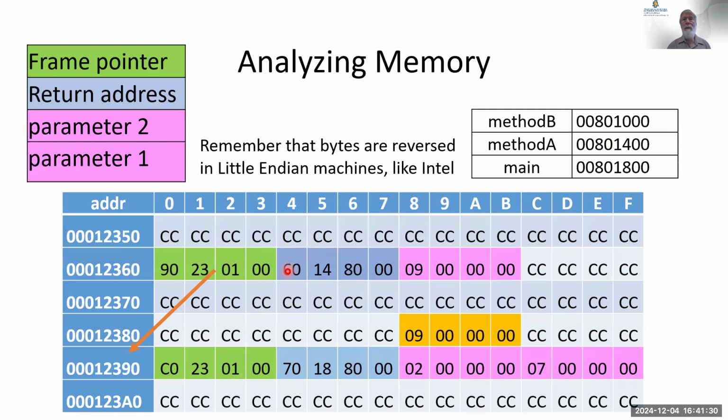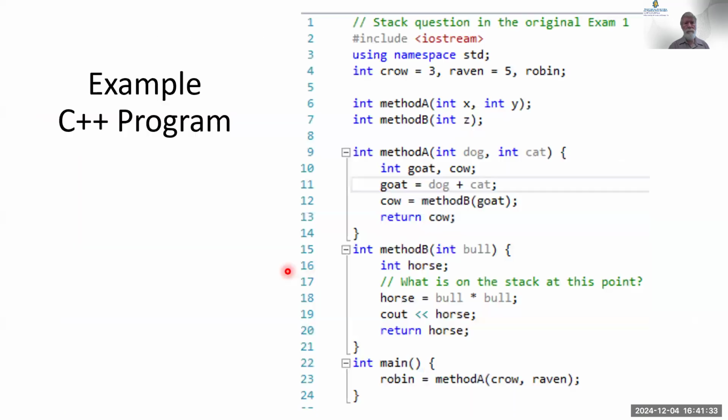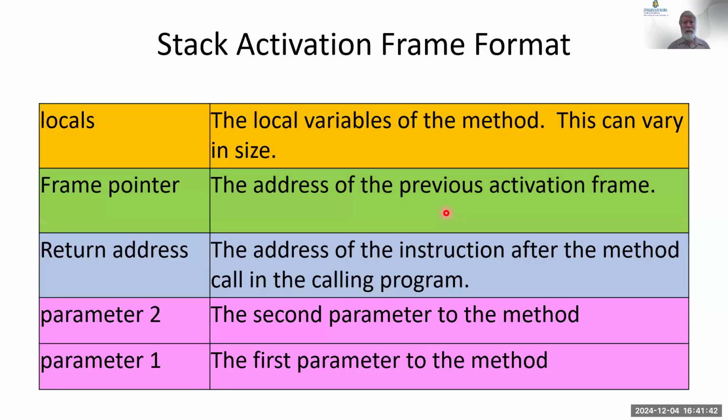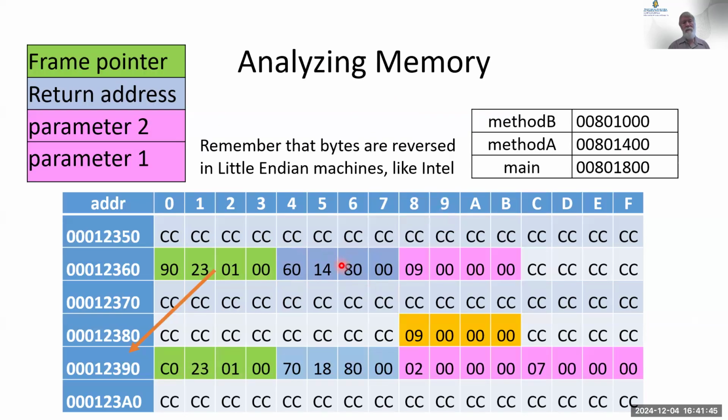So in the program, you're in method A, somewhere here, not the beginning of method A, and we call method B. So it's not the start address of the method, but it's somewhere into it, 60 hexadecimal bytes into method A when it called method B. Okay, so you have to look at in which range it falls, between these two. So now we know it's between this and that. So it's got to be in method A. So this is an address in method A.